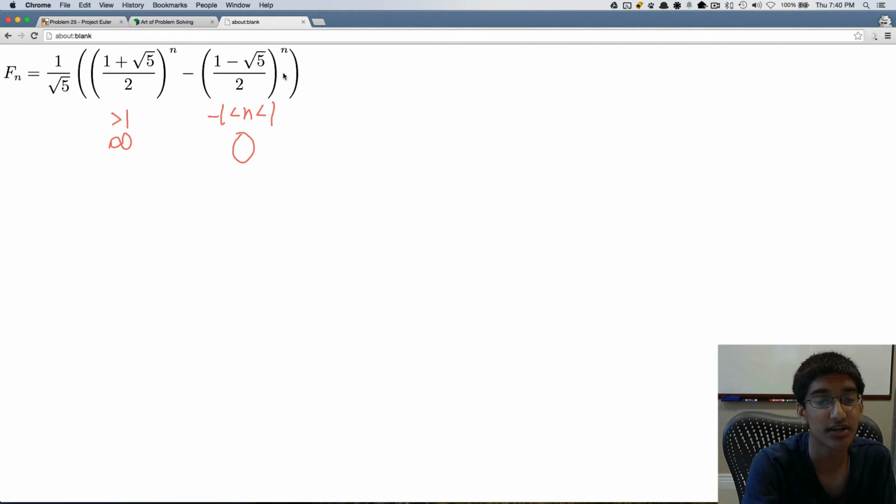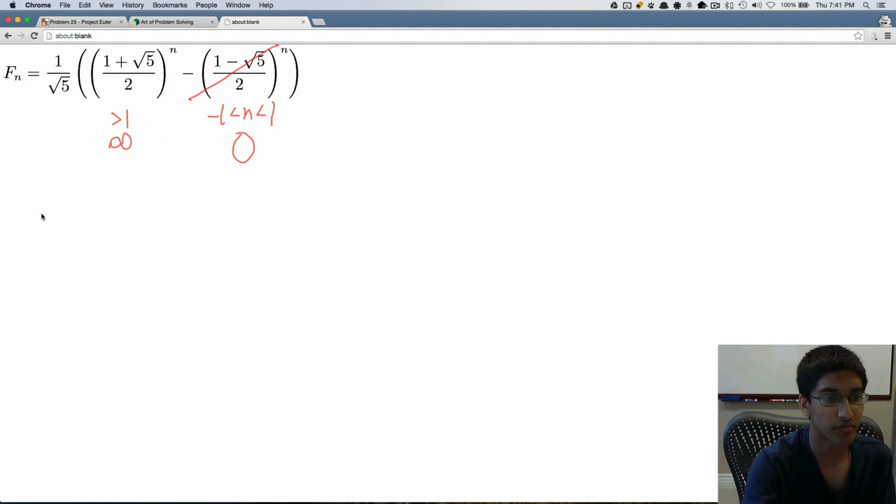And we know that n is going to be really large in the case that this produces a 1,000-digit number. So we can go ahead and cancel this out because it's going to be so small, and the other term is going to be contributing the largest to the actual Fibonacci number.